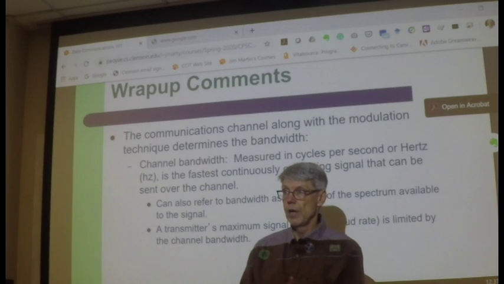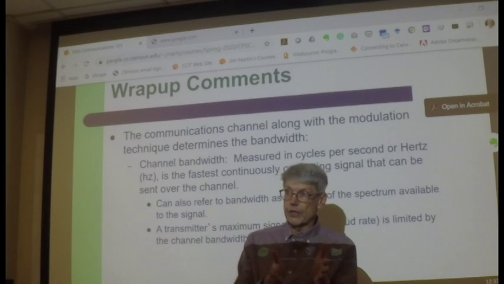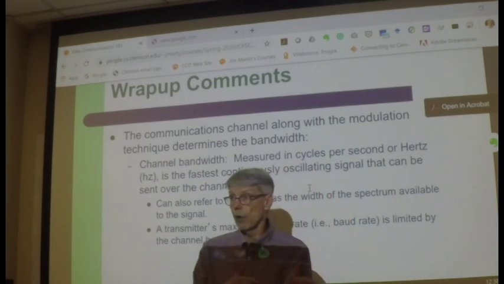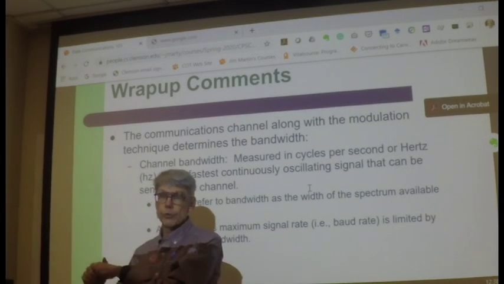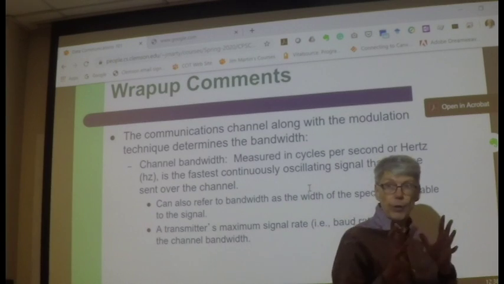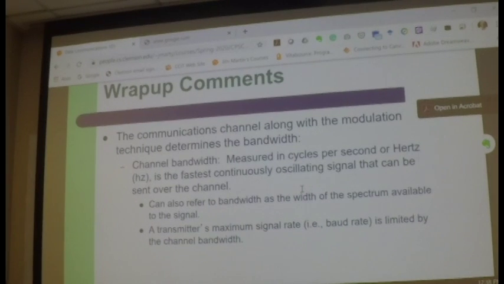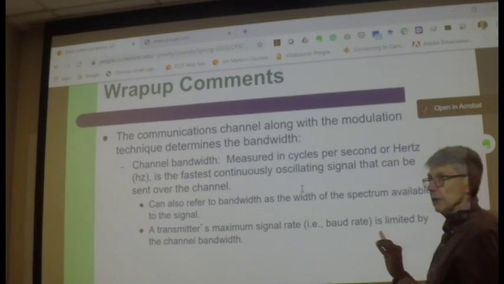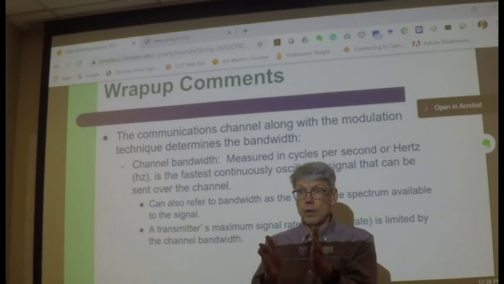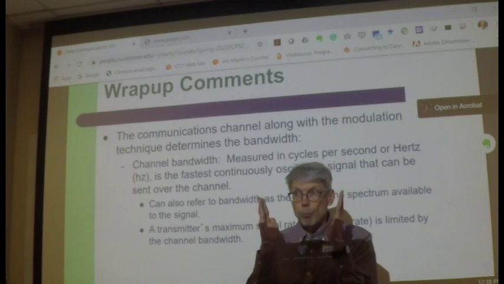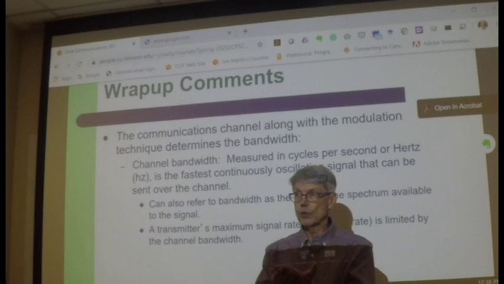Cellular operators have chunks spread from the 600 megahertz range all the way up to, now, 60 gigahertz. It's very well managed by the FCC. So when I say channel bandwidth, that means the portion of the spectrum that's being used on that physical medium.